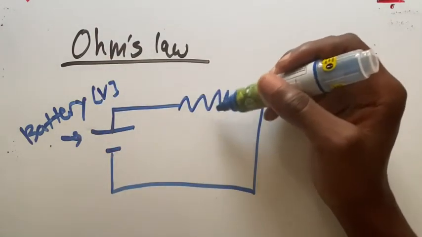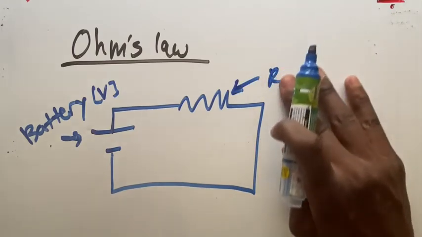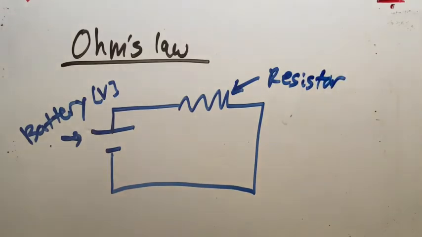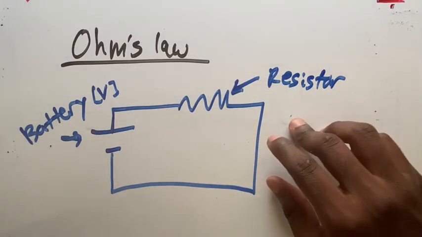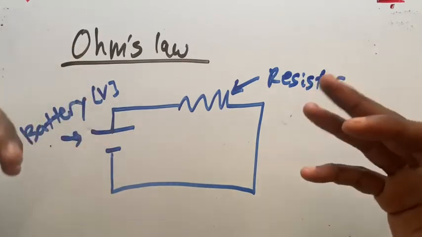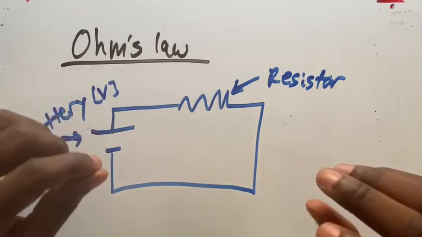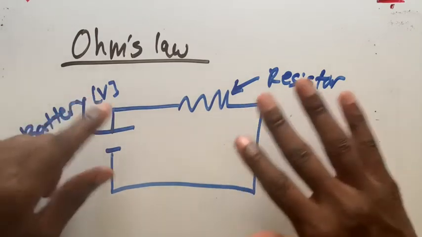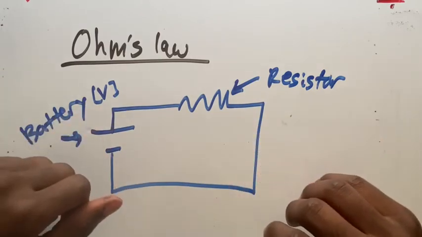And then the squiggly line here is what we call our resistor. Now, whenever you're dealing with currents, it's always good to think of it as water flowing through a river, or through a hose of some sort. Even though it's not exactly behaving that way, it's good to keep that picture in mind to help these current diagrams make more sense.